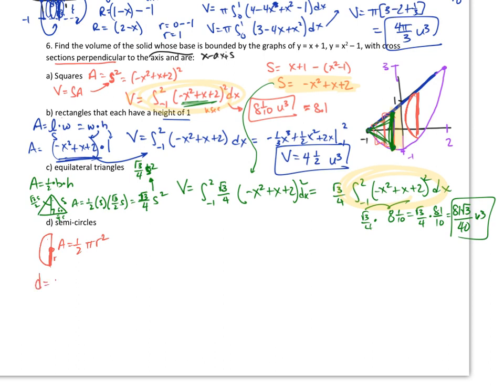The diameter is this s that we know of, which is negative x squared plus x plus 2. So I need half of it. So the area ends up being 1/2 times pi times 1/2 of this negative x squared plus x plus 2.